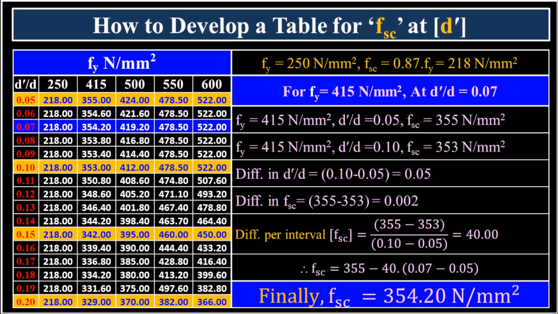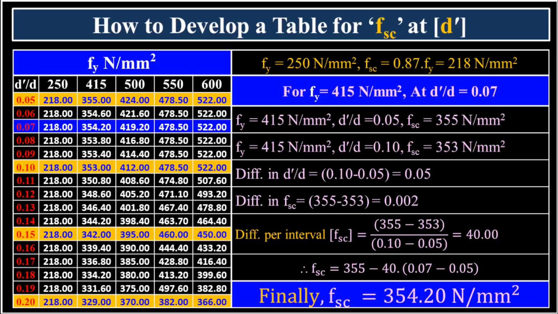The difference in d/d between these 2 points is 0.10 minus 0.05, which equals 0.05. The difference in FSC between these 2 points is 355 minus 353, which equals 0.002.